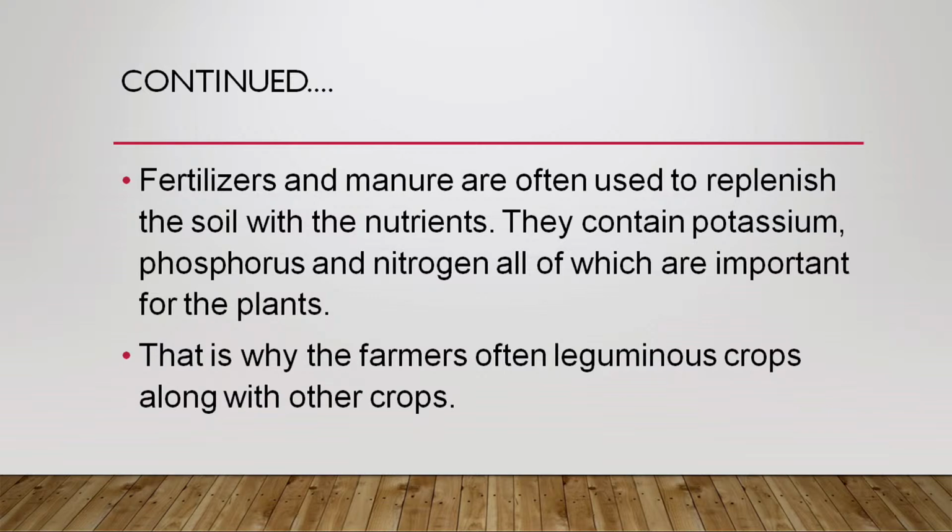Especially for nitrogen, what we can do is we can have leguminous crops with other crops, because leguminous crops help in getting the nitrogen replenished in the soil, so other crops can utilize that nitrogen which is there in the soil. This is how naturally we can replenish the nitrogen in the soil. If not, we have to give supplements in the form of fertilizers and manures.